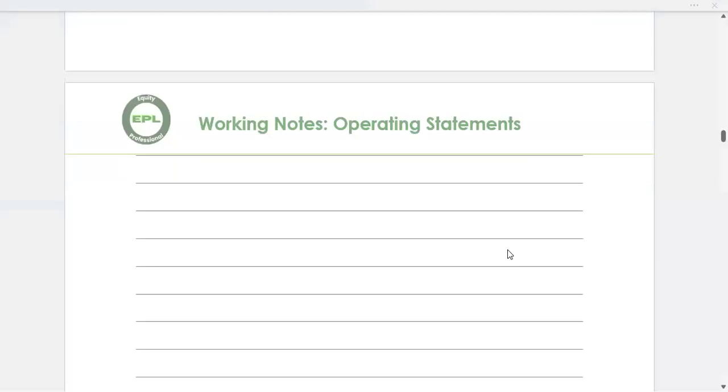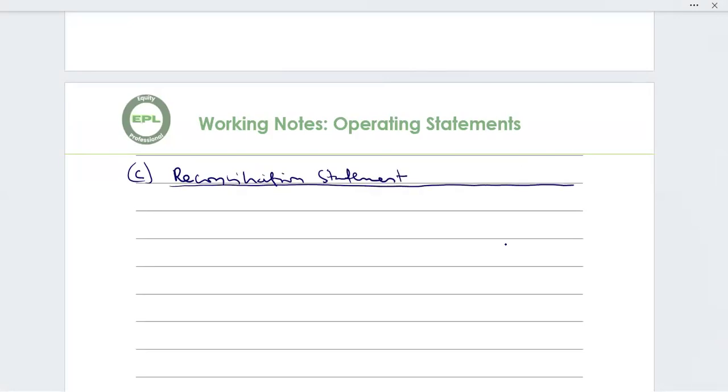So quickly, let's do the reconciliation statement, number C. Under the reconciliation statement, you are supposed to compare the difference in profits and the difference in stock valuation.